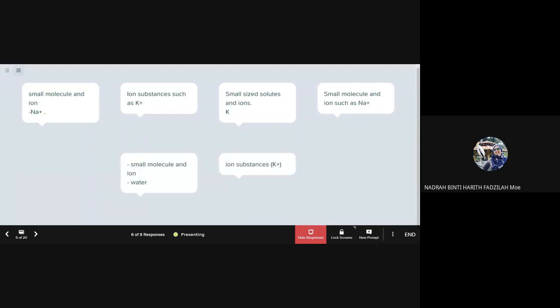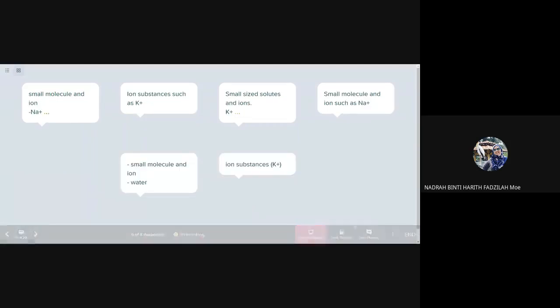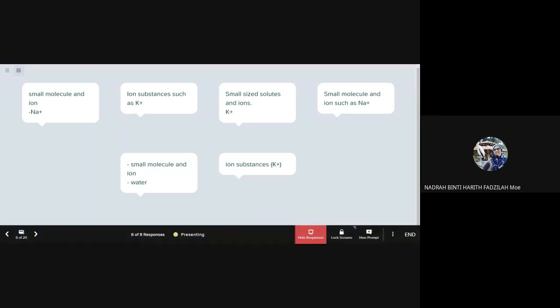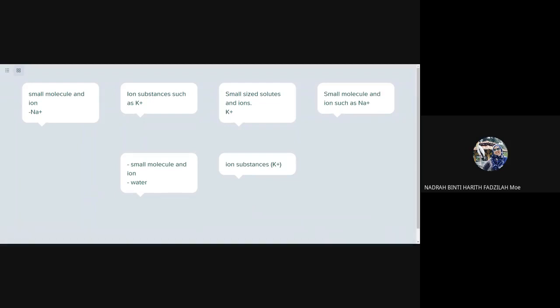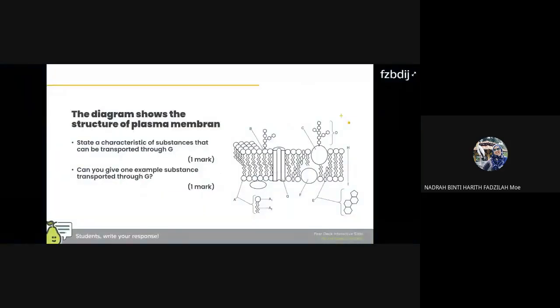Which is true. I accept your answer because there are channel proteins dedicated to transport water, which is called aquaporins. So it is true, it is acceptable, no worries. Okay, semua pun siap. Okay, karakteristik dia ion atau charged substances and example dia any ion or any specific ions. Okay, ini simple saja.